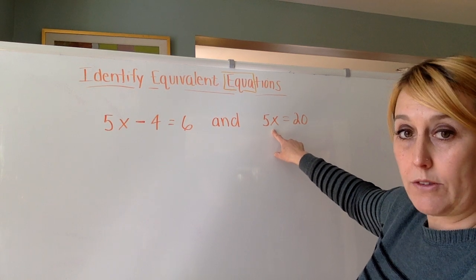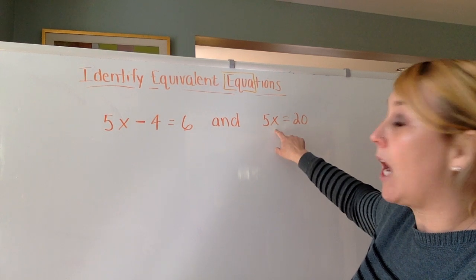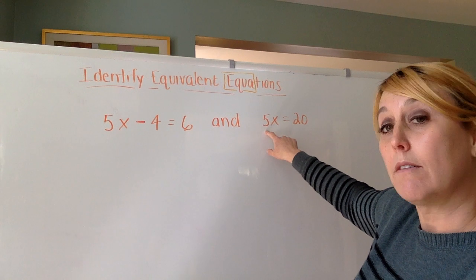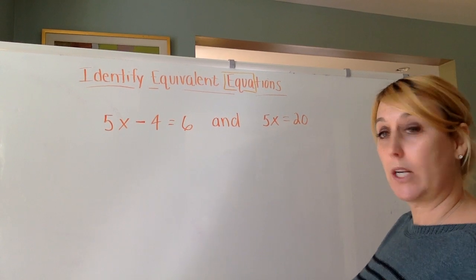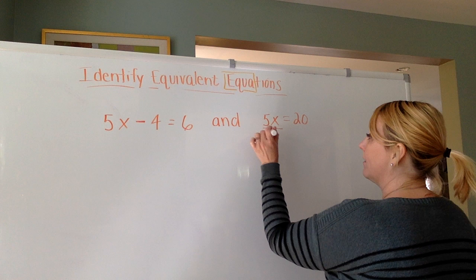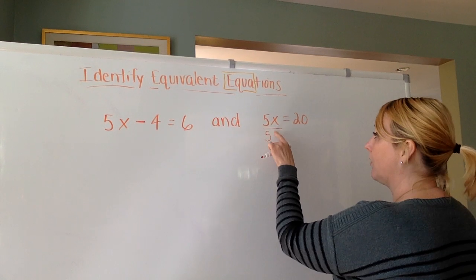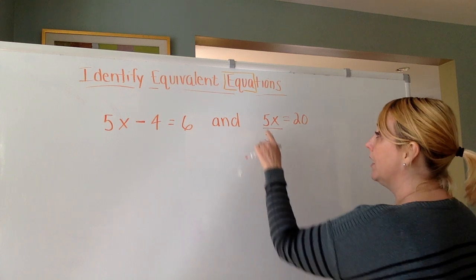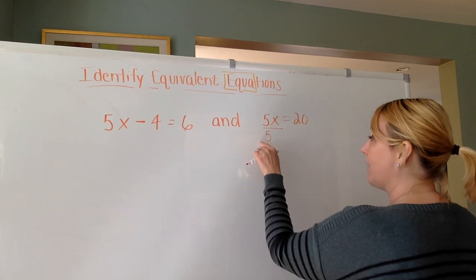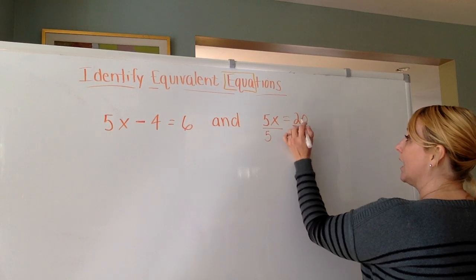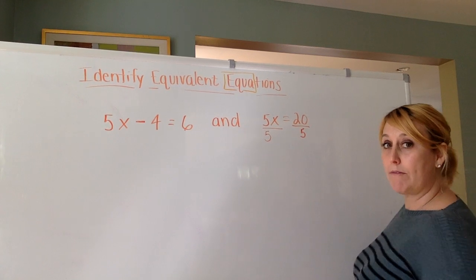So it's 5x. The coefficient is 5 times x. So the inverse operation of multiplication is division, because 5 divided by 5 is equal to 1, and then we've got 1x, so we have x all alone. But if I do 5 divided by 5 on this side, I need to divide by 5 on the right side.